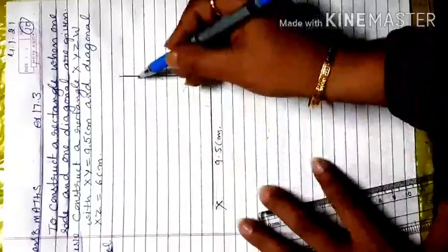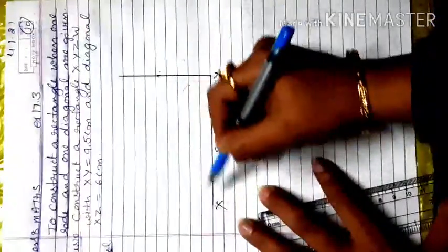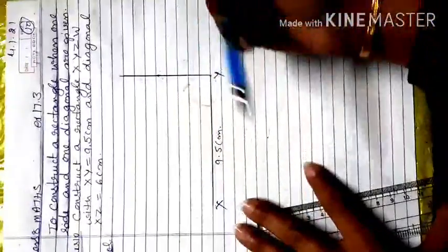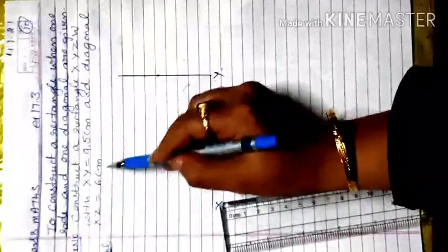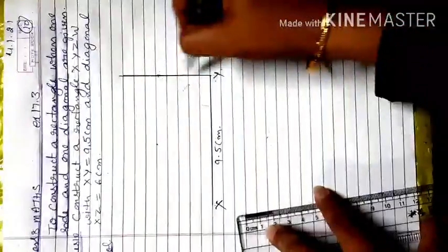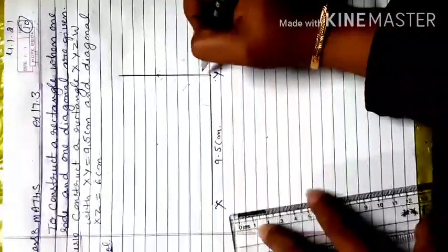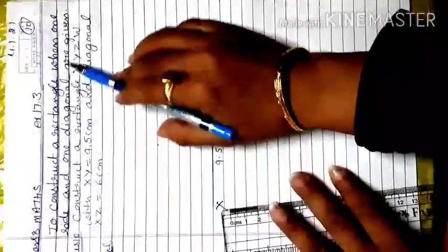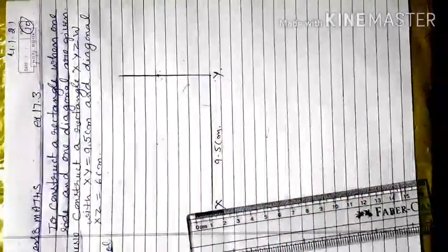That means it does not reach up to the diagonal, that side is bigger. So it should not be 6 centimeter, it should be more than 6 centimeter, because if we go with 6 centimeter, it will not meet at this 90-degree line. The angle is not given to us, only one side and one diagonal are given.